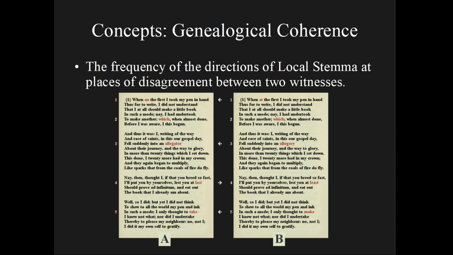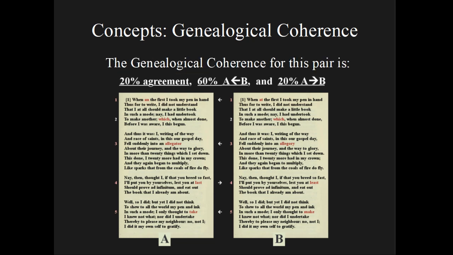But so we have, for number 1, it goes from B to A. For 2, they agree, so we just count that as pre-genealogical coherence. For number 3, again, B to A, 4, A to B, and then 5, B to A again. And so we have all of these numbers, and we basically just say, well, what percentage goes from B to A?